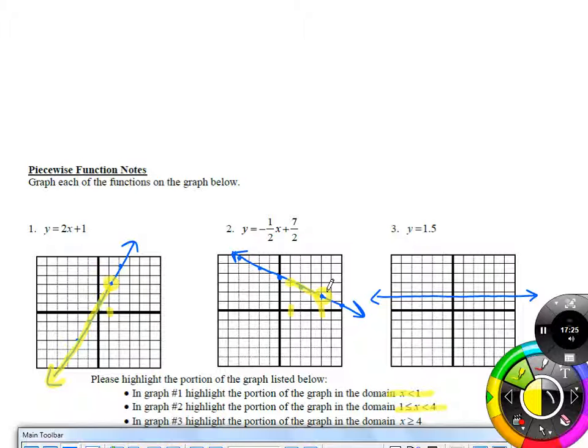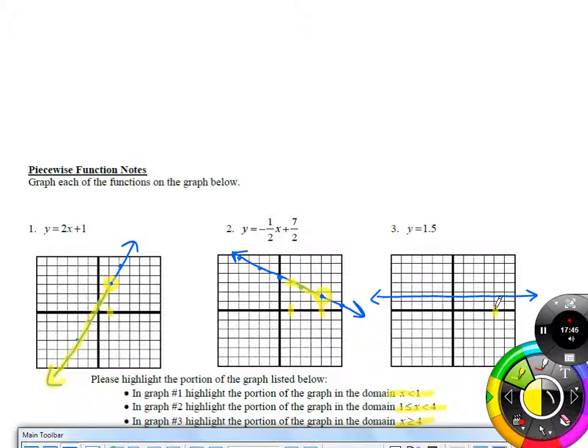Okay? So third section, we want to graph everything that's greater than or equal to 4. So here's 4 on the x-axis. And you guys understand when I'm marking 4, this mark is not part of what I'm graphing, but I'm trying to visually show you what I'm thinking. So here's 4. That lines up with this part of the line.